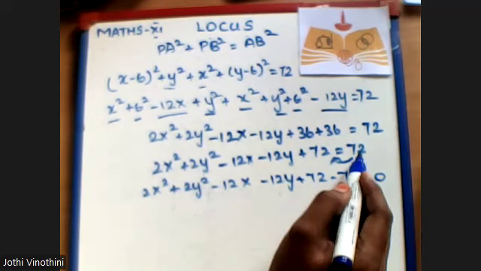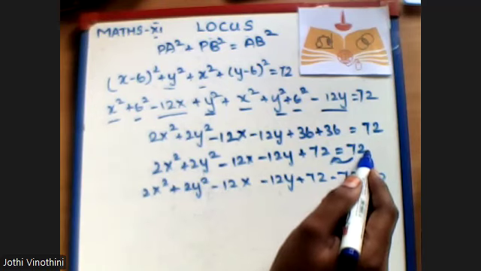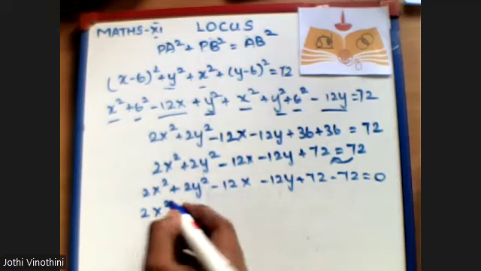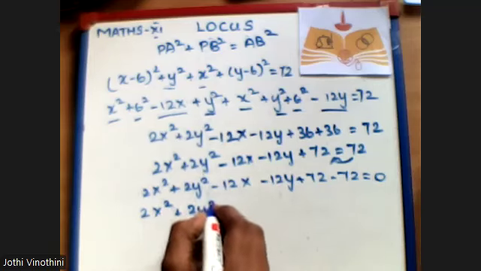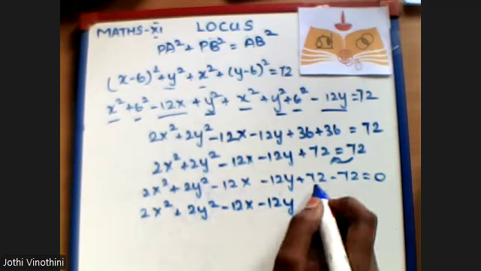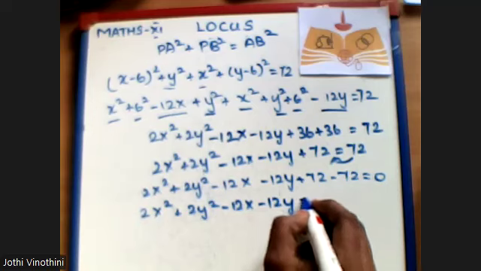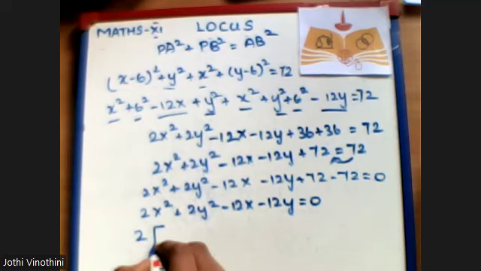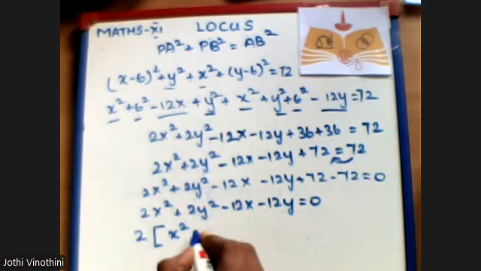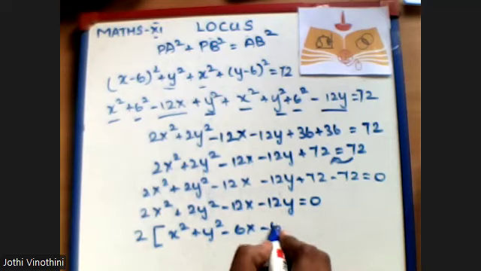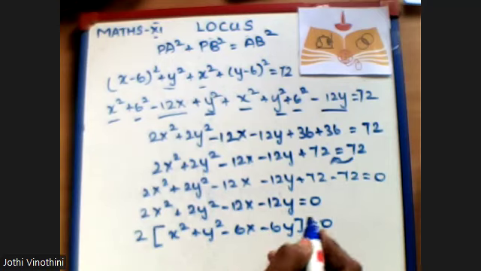When I move this term to the other side of the equal sign, it will become 0. So 2x squared plus 2y squared minus 12x minus 12y, 72 minus 72 will be 0. And again, I'm going to take 2 as common. So x squared plus y squared minus 6x minus 6y is equal to 0.